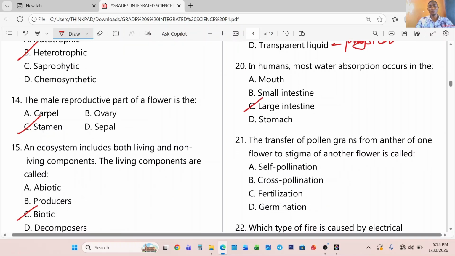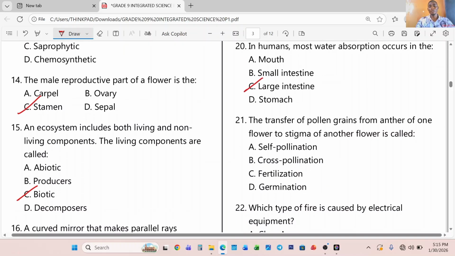Question 21. The transfer of pollen grains from anther of one flower to stigma of another flower is called. That is pollen grains moving from anther of one flower to stigma of another flower. So the flowers in this case are different.